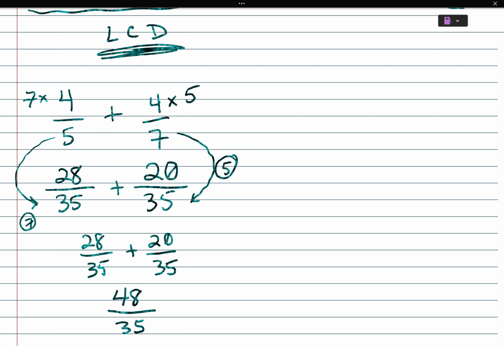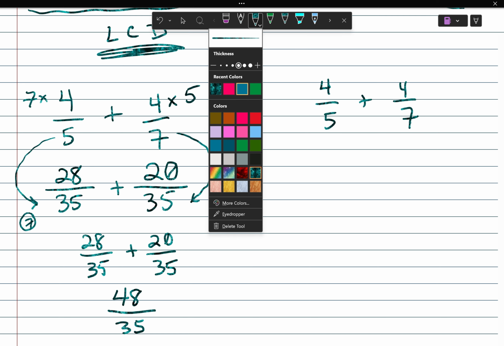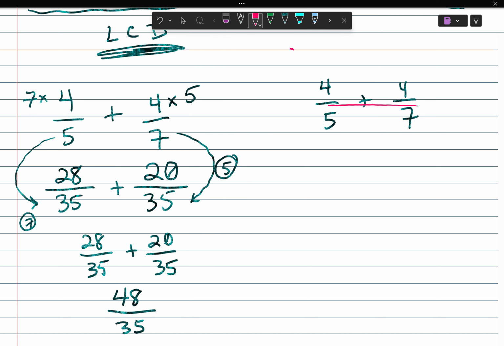So let's look at this other method that we want to look at. So we have 4 over 5 plus 4 over 7. Another student of mine showed me this method, so we'll call this the K method or the KB method. And here, what we do first, let's use a different color, we take and multiply the denominators.